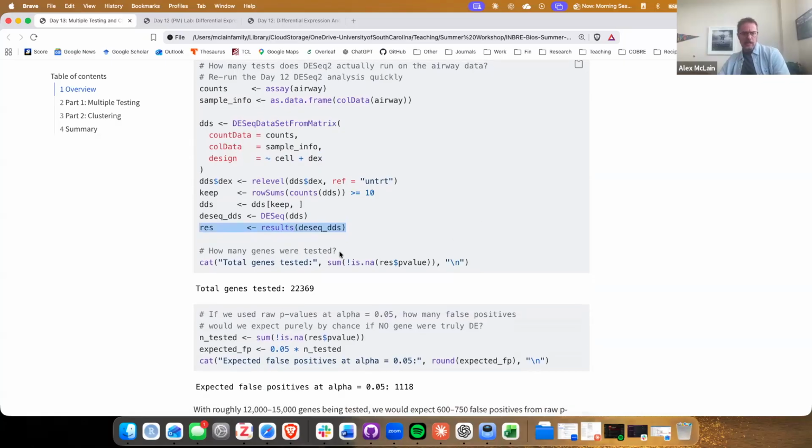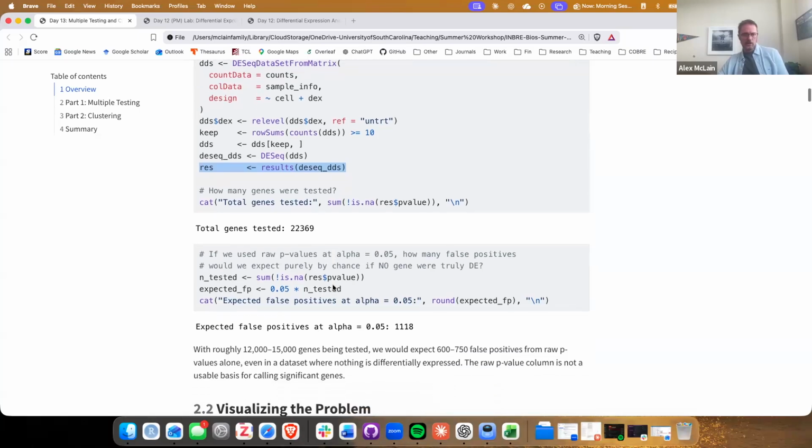So if we look at the genes, first off, how many were tested? So how many non-NA p-values did we have? We have over 22,000. If everything was null, so if there was no signal at all in this data set, how many would we expect to have a p-value less than 0.05?